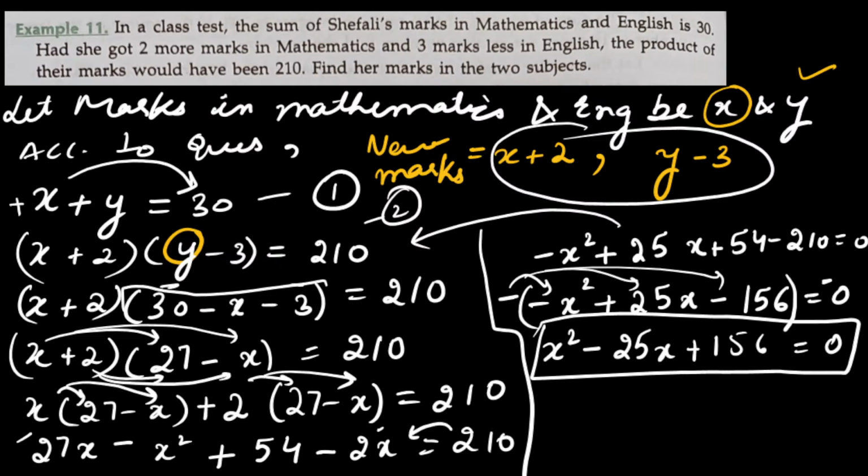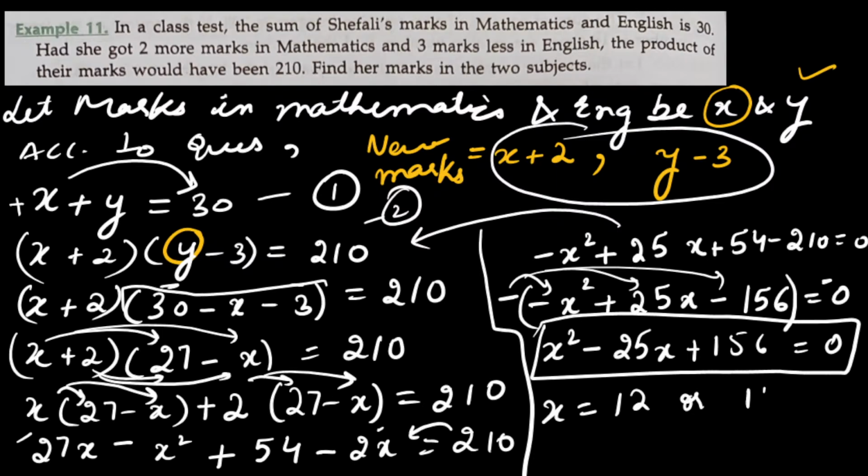Minus 13 and minus 12. Is this the final answer? Because final answer means one of the x should be positive, because here we are dealing with marks. Marks cannot be negative. Okay, so Shriyasi has given the answer x is equals to 12 or 13.